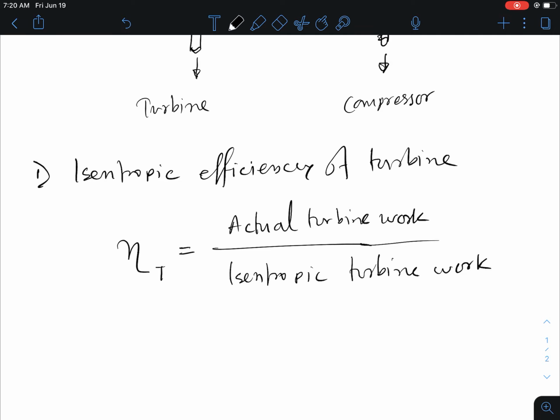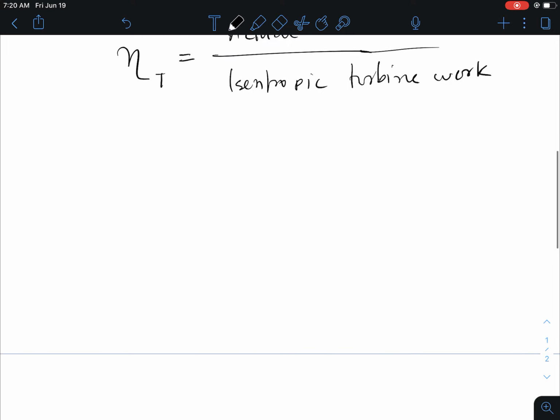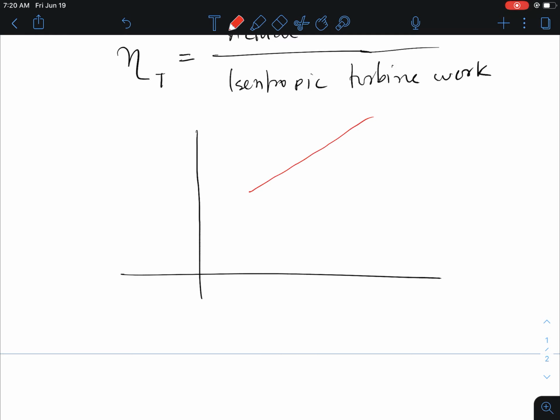Let's see what the isentropic turbine work is. If we draw an HS diagram, an enthalpy versus entropy diagram, then we'll have two different pressures of that system. For example, this is the state 1 pressure and this is the state 2 pressure, so let's express them as P1 and P2 for a turbine.